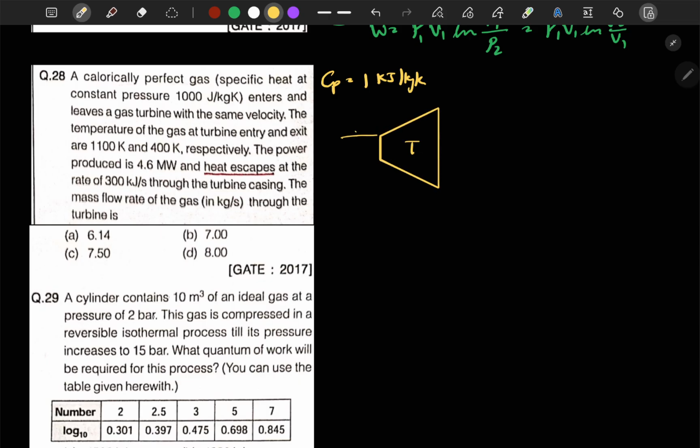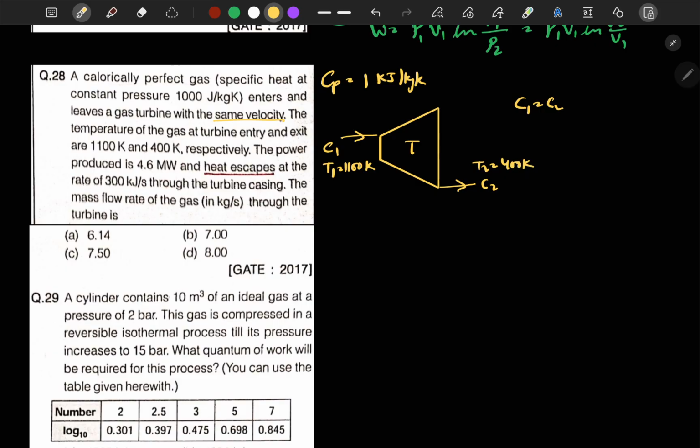It enters and exits at the same velocity, so C1 is equal to C2. The temperature of the gas at turbine entry is 1100 Kelvin, and T2 is equal to 400 Kelvin respectively.